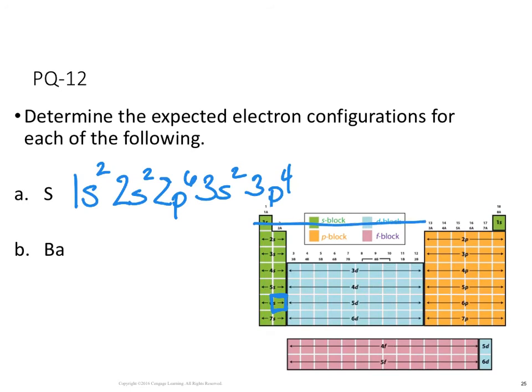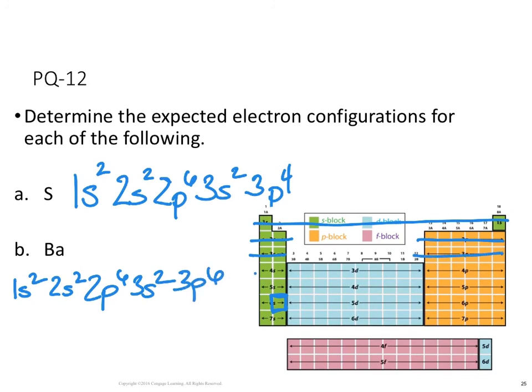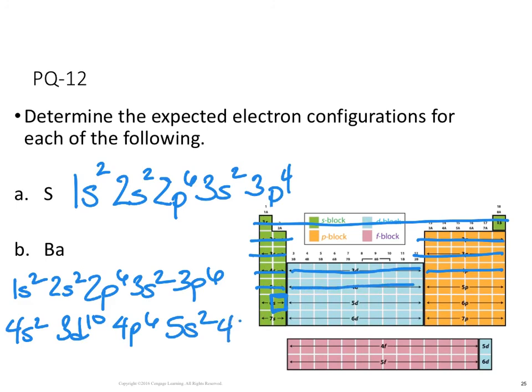First is 1s, and there's 2, 2s2, 2p6, 3s2, 3p6, 4s2, 3d, and there's 10, 4p6, 5s2, 4d10, 5p6, and then we'll get to 6s2, and we'll stop. So there's your electron configuration for barium.